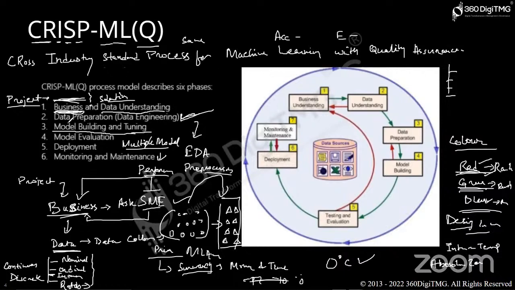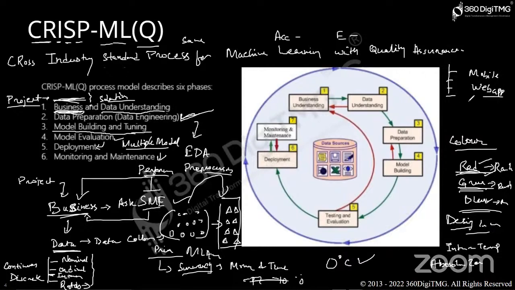Okay, once this is done, model building means finding the best model, then model evaluation. Next step is to deploy the model. Deployment can be done either on mobile or as a web app.